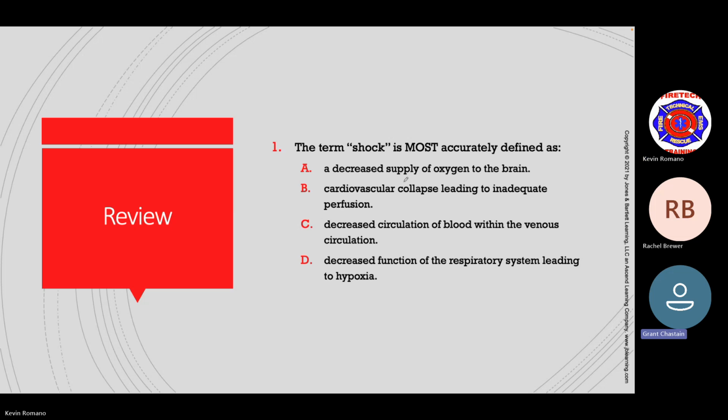Sure, I can do that. The term shock is most accurately defined as: A, a decreased supply of oxygen to the brain; B, cardiovascular collapse leading to inadequate perfusion; C, decreased circulation of blood within the venous circulation; and D, decreased function of the respiratory system, leading to hypoxia.